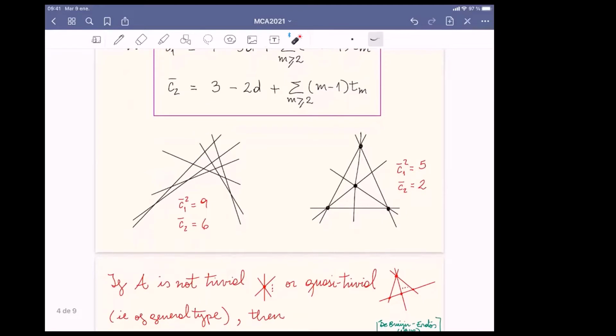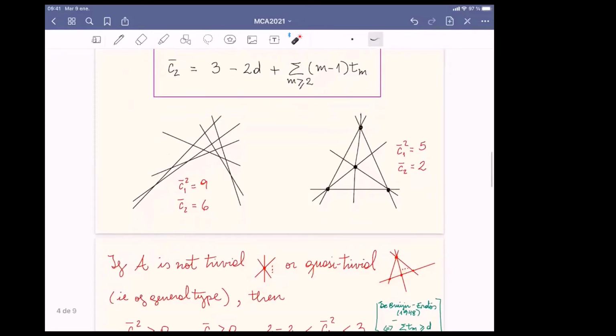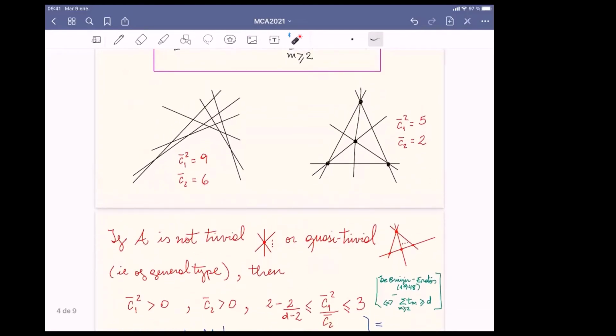If A is not trivial, trivial means a pencil, like all lines are passing through one point, or quasi-trivial, which means almost all lines except one are passing through just one point. So except them, this means the general type case, exactly my set of varieties that I like to study. Then we have these restrictions.